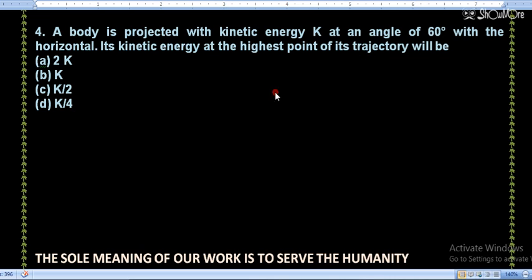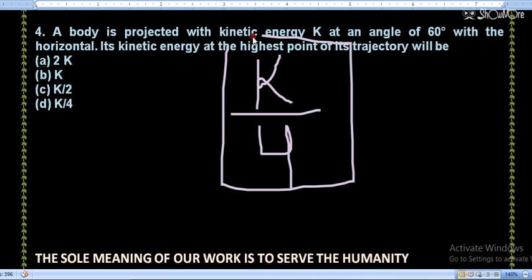So the kinetic energy at the highest point will be k by 4, when the body is projected at an angle of 60 degrees with the horizontal and its kinetic energy was k initially. So you can note down the solution.